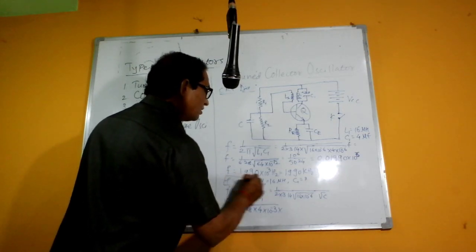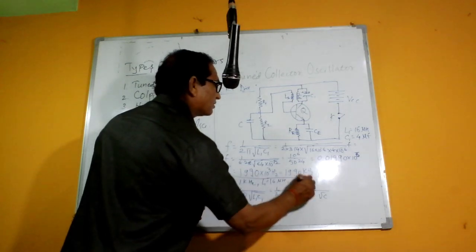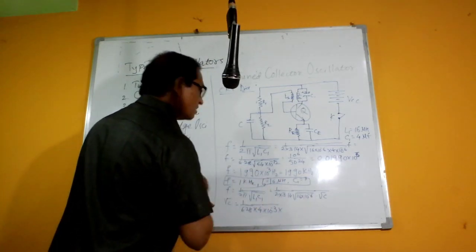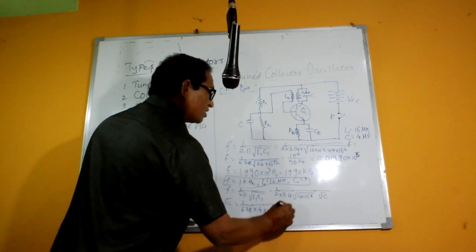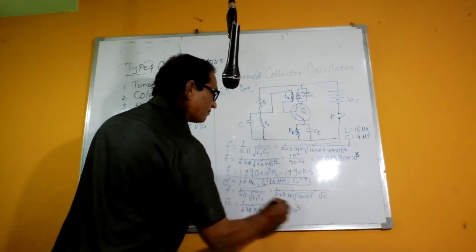So here the given things are like this. For the second problem, multiplied by 1 into 10 to the power of 3.